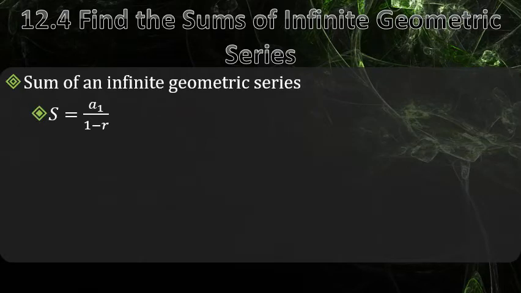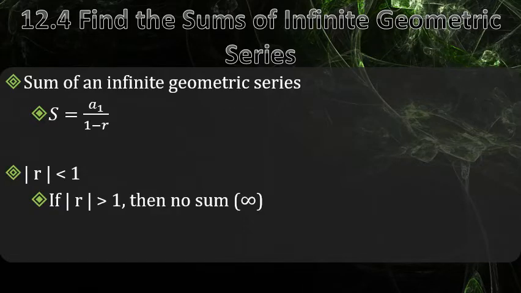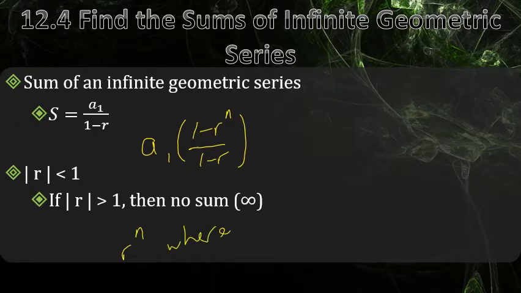So the sum of an infinite geometric series is a1 over 1 minus r, assuming that the absolute value of r is less than 1. If the absolute value of r is greater than 1, there is no sum. That is because if we take a1 times 1 minus r to the n over 1 minus r from the last lesson, if we have r to the n but r is less than 1, that equals 0 when n equals infinity.